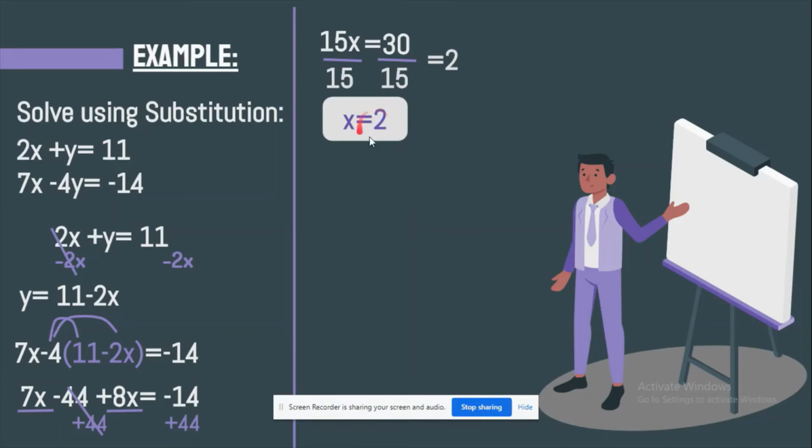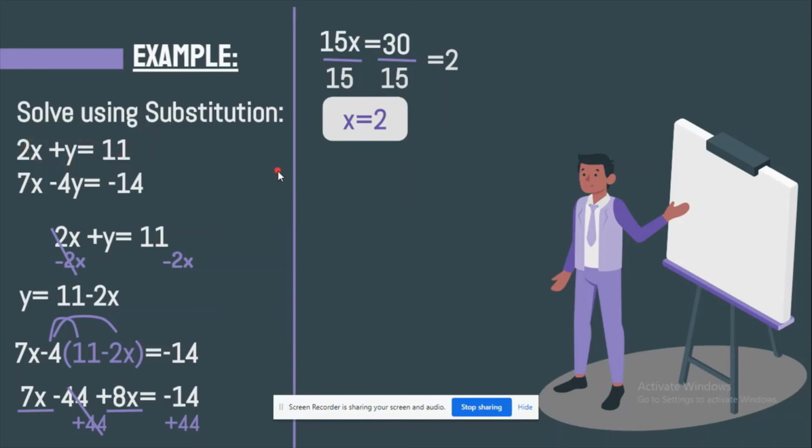Now that we found the value of x, we can plug that number into one of the equations to find the value of y. And as I said, you need to use the simpler and easier equation in your opinion. So to me, I'm just going to use the first one again because it's easier, but it's your opinion.